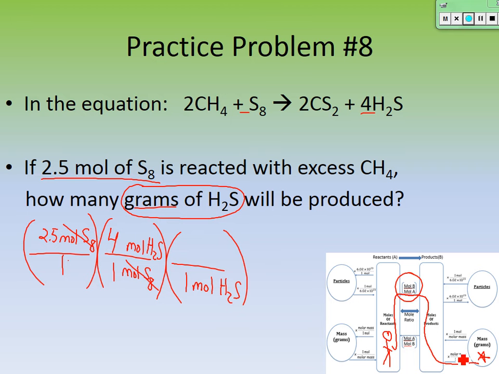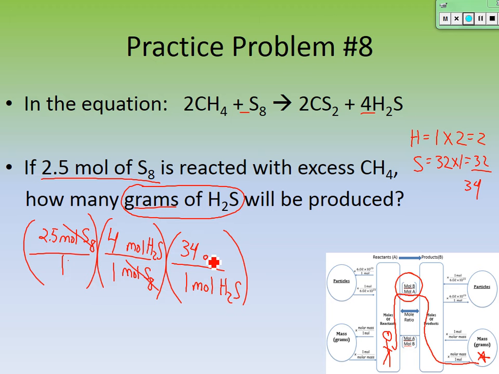What are we putting on top? The molar mass. Well, hydrogen is equal to 1, but I've got 2 of them. So that's 2. Sulfur is what? 32. And there's just one of them, so that's 32. What is 32 and 2? 34. That's what you guys are saying, 34. So 34 what?